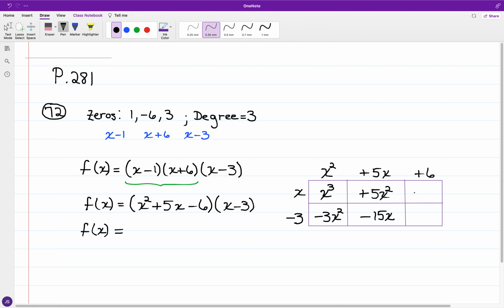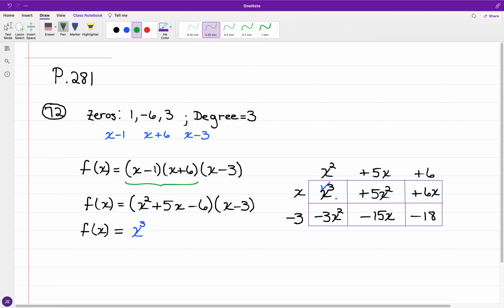For the last column, 6 and x multiply to give 6x, and 6 times negative 3 gives the last product, minus 18. Taking what we have in terms, x cubed is the only third order term.